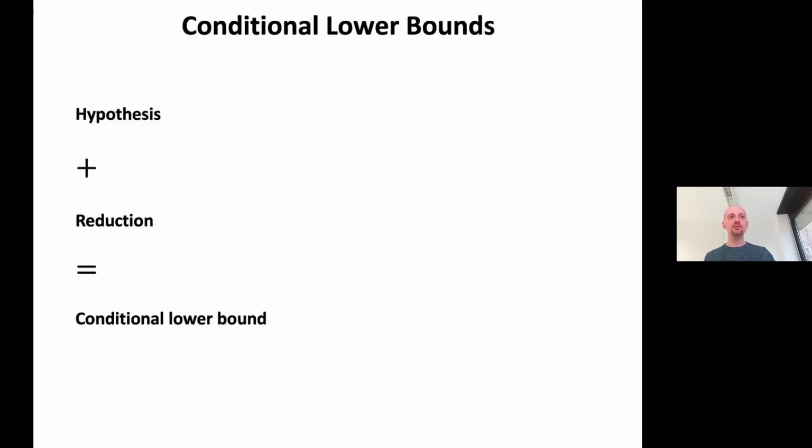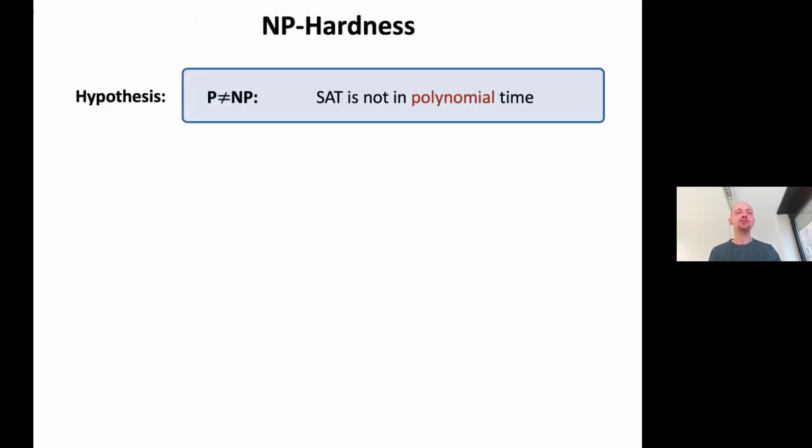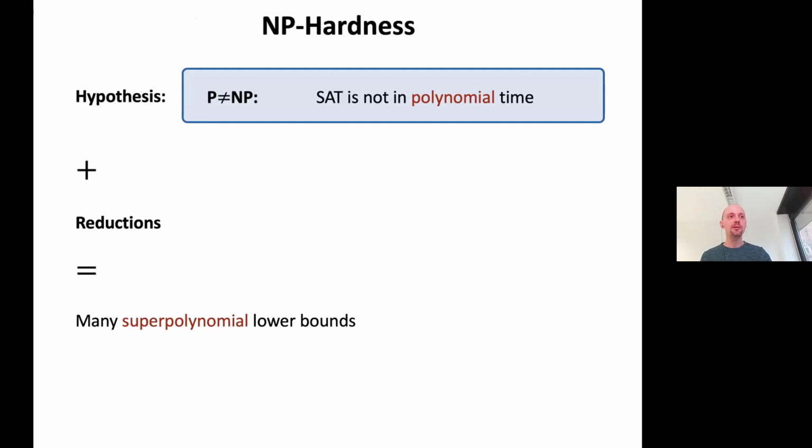What do I mean by conditional lower bounds? Well, anything that starts from a plausible hypothesis and reduces the problem that the hypothesis is about to subset sum, thus obtaining a conditional lower bound for subset sum. Classically, you would start from the hypothesis that P is not equal to NP, meaning that satisfiability is not in polynomial time. And then you would prove NP-hardness of subset sum by reducing satisfiability to subset sum.